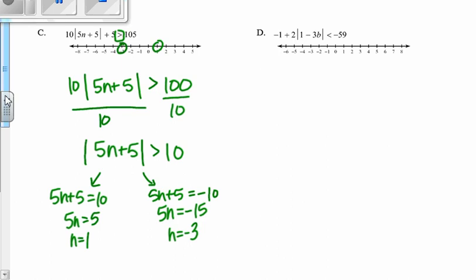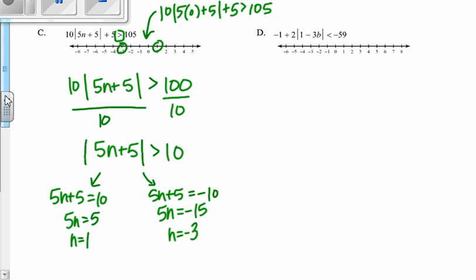And then once again, I'm going to test a value outside or in between. I told you guys before, I'm a big fan of testing 0. So I'm going to plug in 0 to the original inequality. It's a little bit more complicated than the one I did before. Inside the absolute value brackets, I have 5 times 0 plus 5, which is just 5.